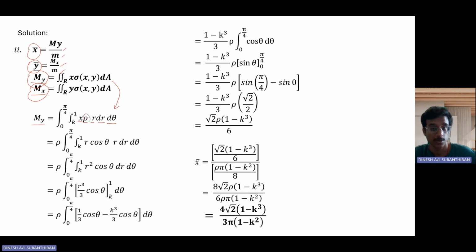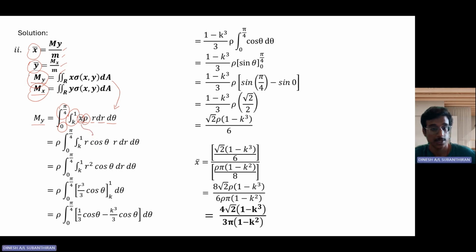And ρ came from σ(x, y), and also x here. There's also the limit of r, which is k and 1, and the limit of θ, which is 0 and π/4.